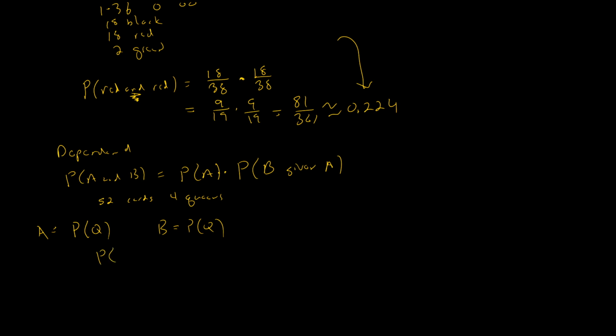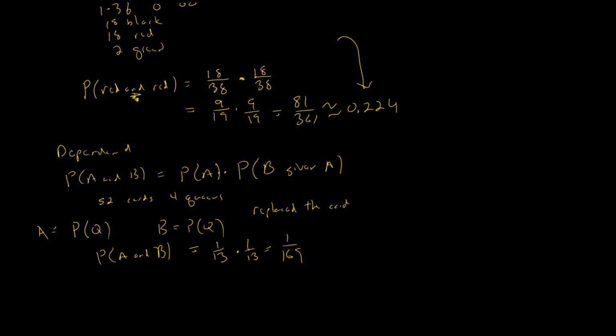The probability of A and B in this case is 1 in 13 times 1 in 13, or 1 in 169. I have a 4 in 52 chance of drawing a queen, and the second time around I have a 4 in 52. But that's because I replaced the card.